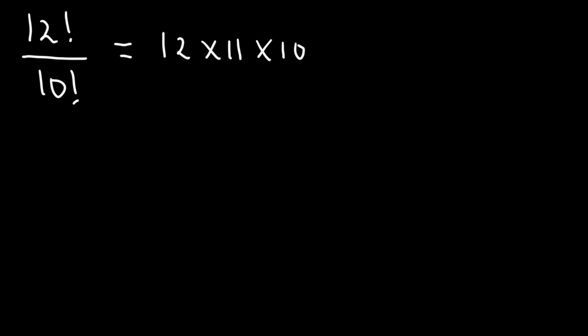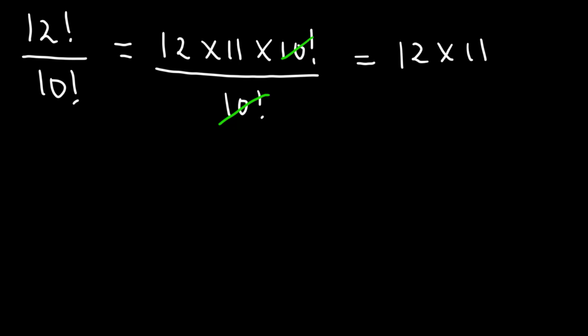But in this case, in order to cancel out the denominator, let's stop at 10. And so we shall add factorial, and this will be divided by 10 factorial. This 10 factorial will cancel with that, and so we shall remain with 12 times 11. And this will give us 132.